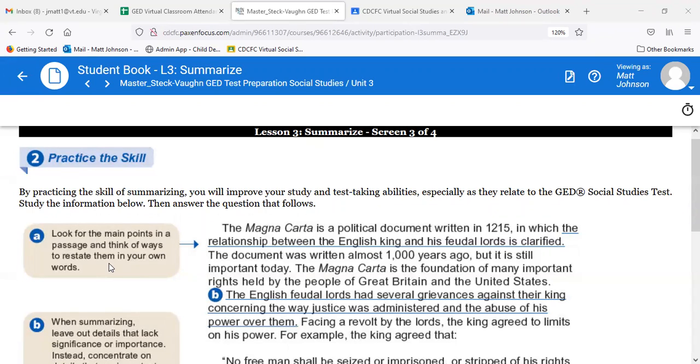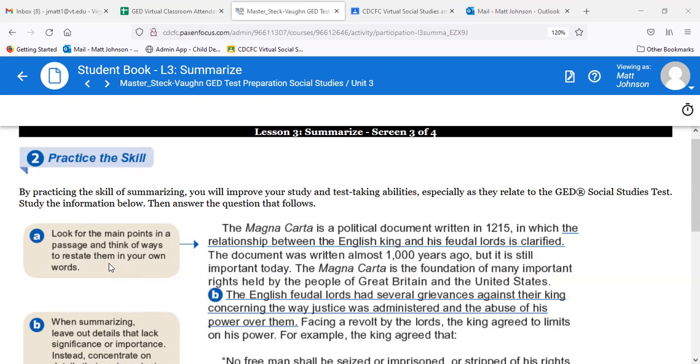So then you look at that second underlined section there. The English feudal lords had several grievances against their king concerning the way justice was administered and the abuse of his power over them. And there's basically your first two sentences, weeding out everything else and picking out what's important.